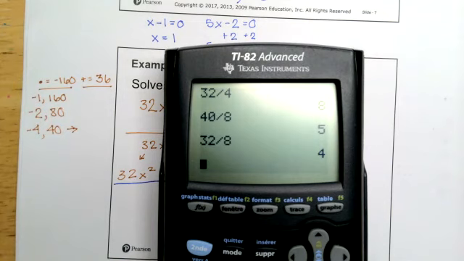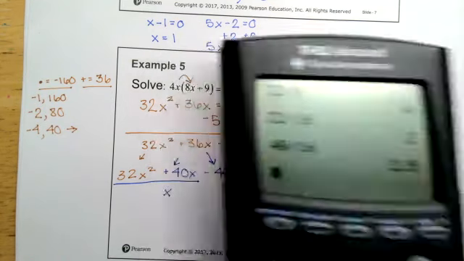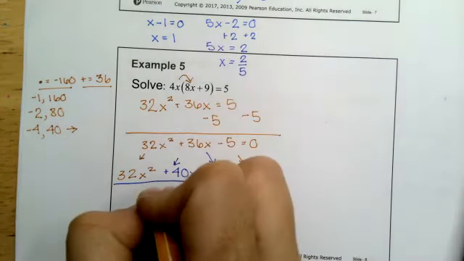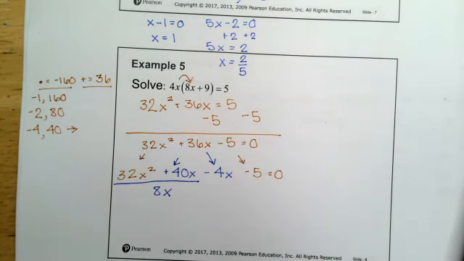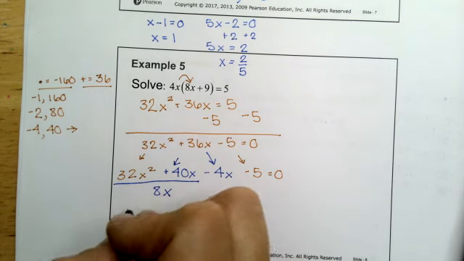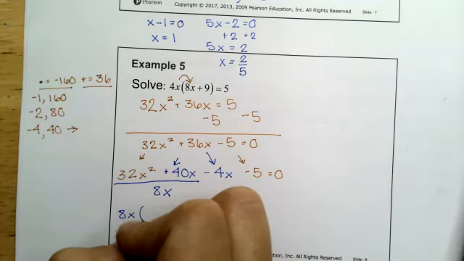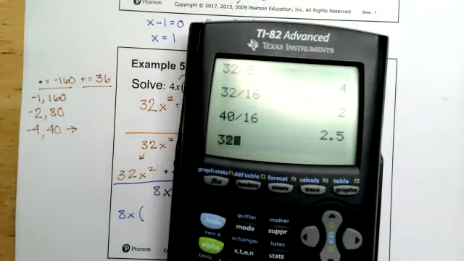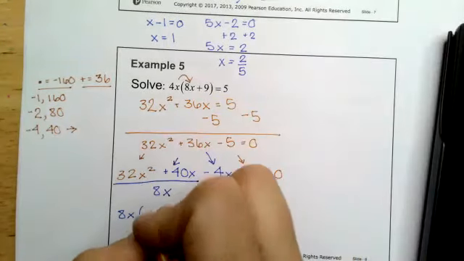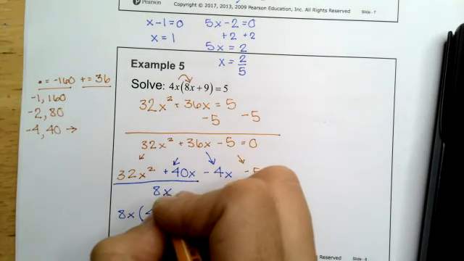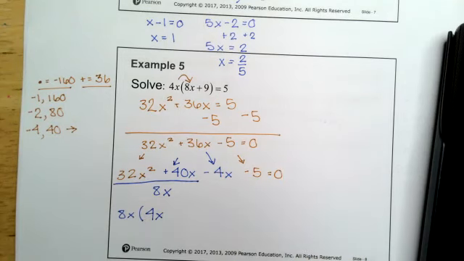Good. You can't divide them by 16. 32 divided by 16 is 2, and 40 divided by 16 is not a whole number. So I'm going to say it's 8. Good. 32x squared plus 40x divided by 8x. That means I have an 8 here. 32 divided by 8, I know we've done it, is 4. x squared divided by x is still going to leave us with an x.